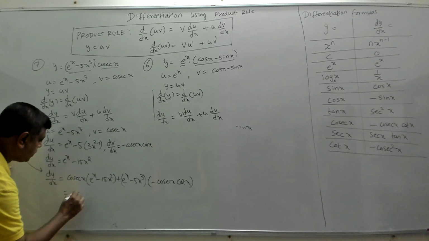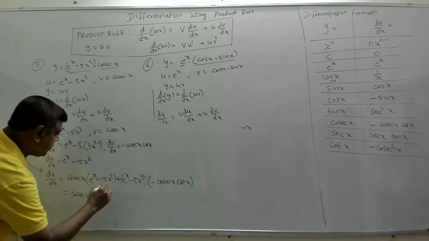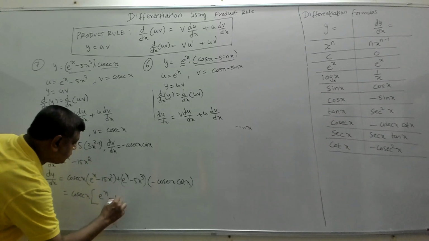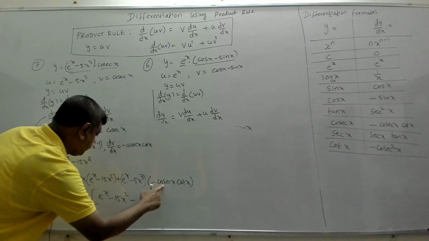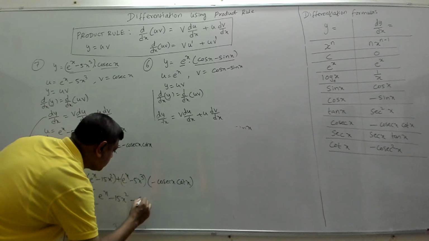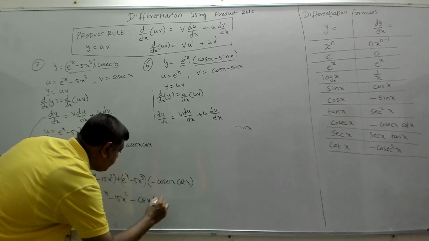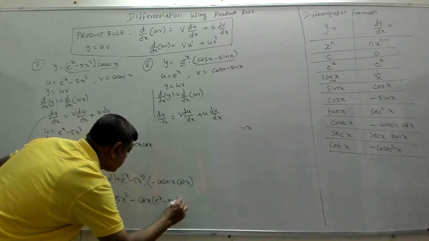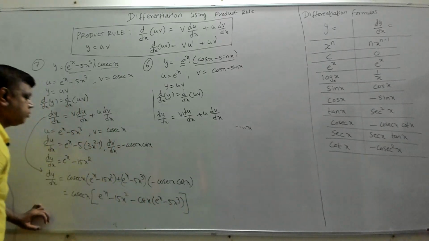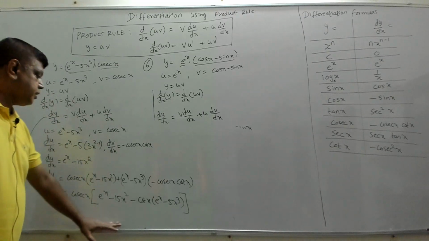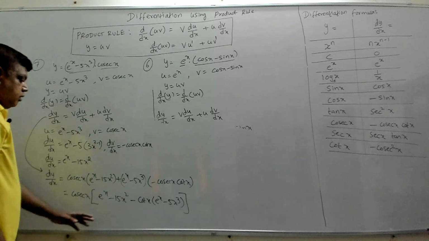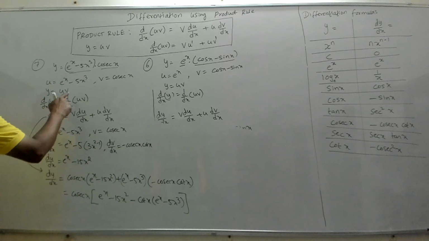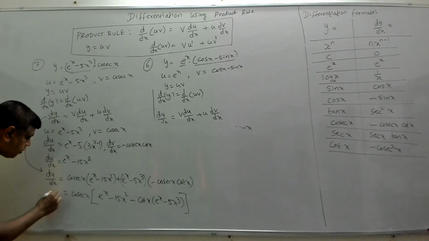So if I take cosecant x common, then we get e power x minus 15x square minus cot x into e power x minus 5x cube, the whole bracket close. Fine. So this is the answer for the derivative of the given function. So this is your dy by dx.